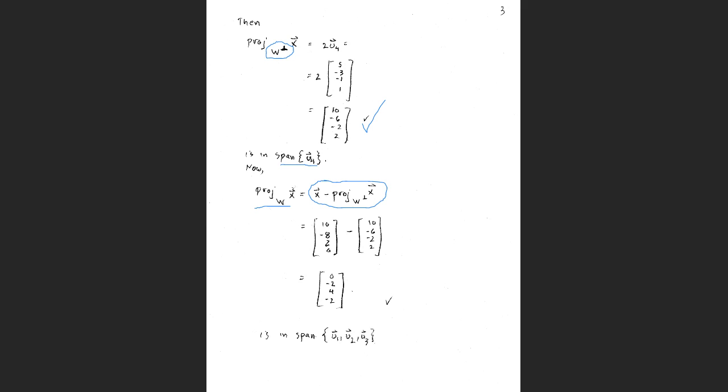It's an easy way to find the projection of X onto W. Rather than adding the sum of 3 vectors, which is what I would have to do to find the projection of X onto W, by virtue of the fact that X is the sum of the projections, I can find the first projection just by taking the difference of X and the projection onto W perp. Okay, and that made life easy.